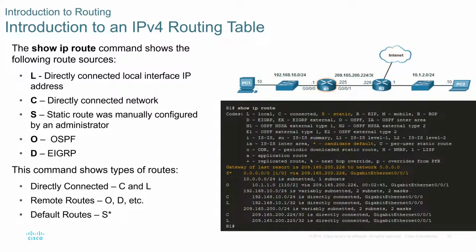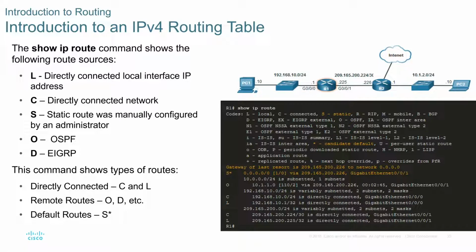As you may see in the diagram, 192.168.10.1 is the actual address of gigabit 000. It is not the network. The network is directly above that, 192.168.10.0 with a /24. So C is the directly connected network. L is actually the local interface.